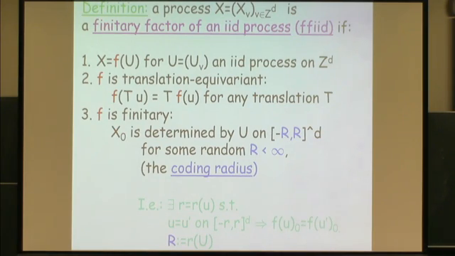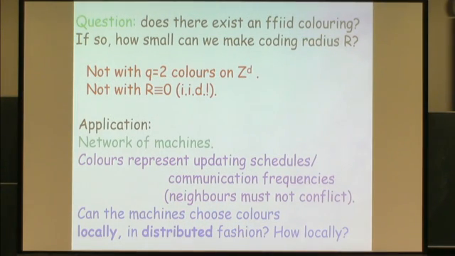It's kind of like a high-dimensional version of a stopping time, because in a stopping time you take one step after another until suddenly you know it's happened. So I'm doing the same thing. I'm looking at a ball, getting bigger and bigger, until at some point I know I can stop and I can decide what symbol to write at the origin. Okay, so this is what I want to look at.